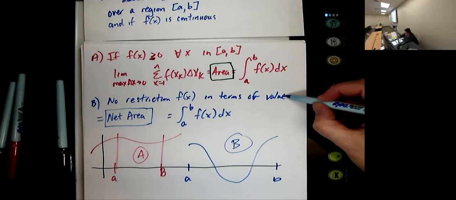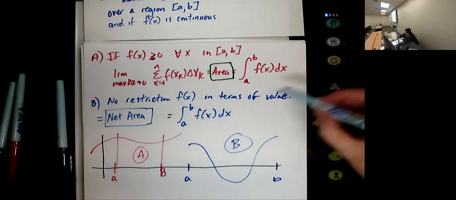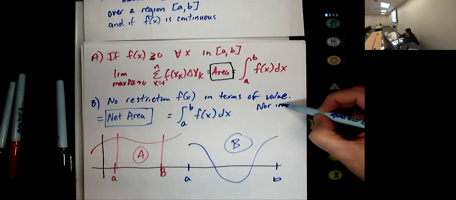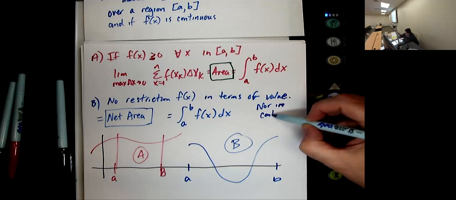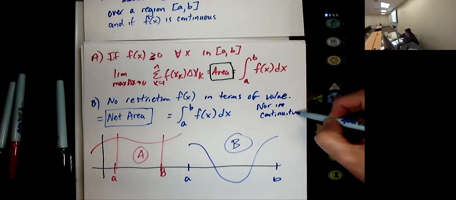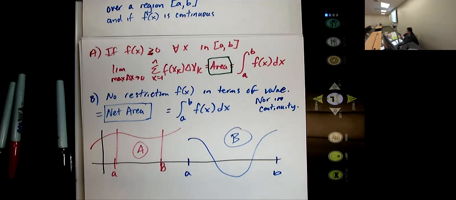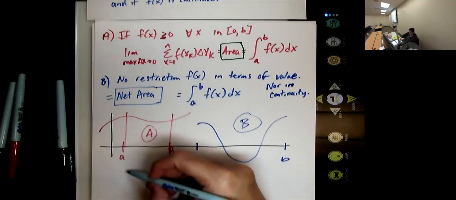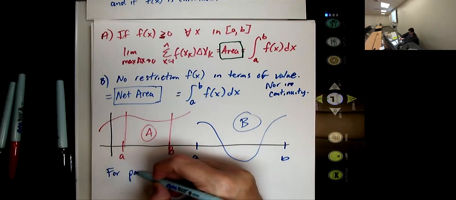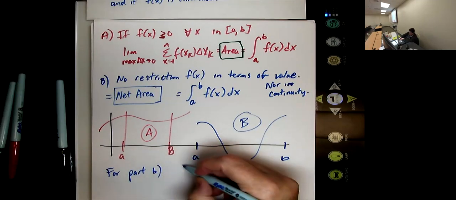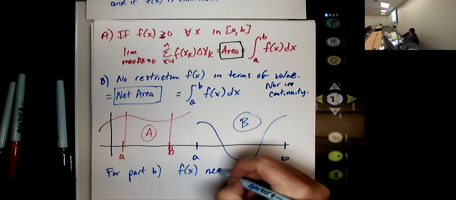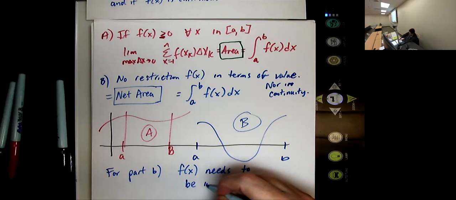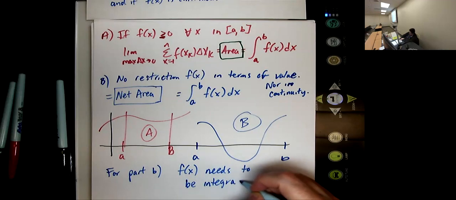I said no restrictions in terms of value for part B, nor in continuity. As our first example is going to show you, f of x for part B needs to be integrable. That's a weird word to say.